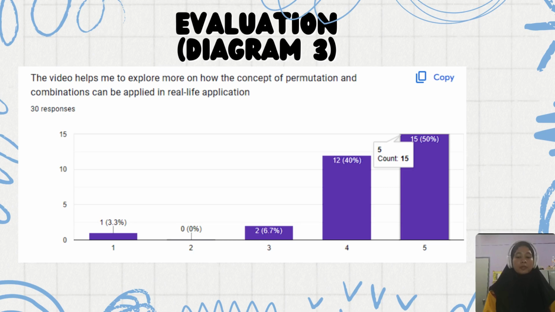Question 2 is about whether the video helps me to explore more on how the concept of permutations and combinations can be applied in real-life applications. Based on diagram 3, 15 out of 30 respondents fully agreed that the video helps them to explore more on how the concept of permutations and combinations can be applied in real-life applications, followed by 12 out of 30 respondents.